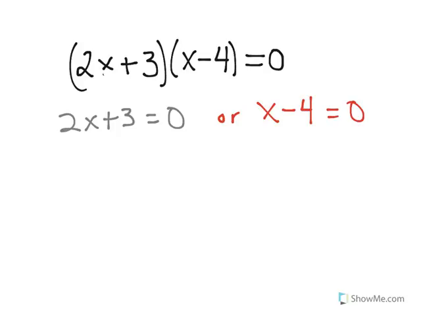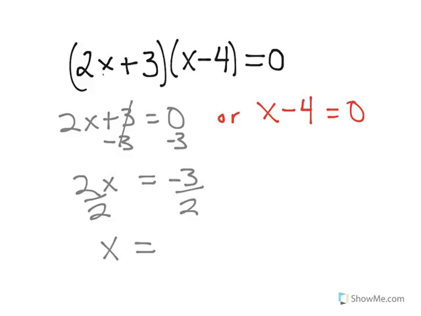For our first factor, we'll subtract 3 from both sides of the equation so that we get 2x is equal to negative 3. We'll divide by 2 on both sides, and one of our solutions is negative 3/2. Or we have the one step, we'll add 4 to both sides of the equation, and we end up with x is equal to 4.